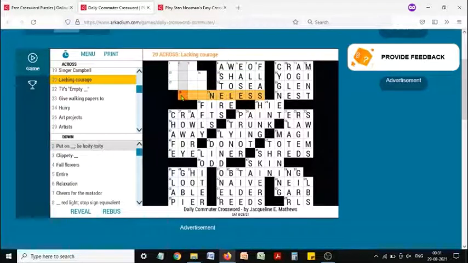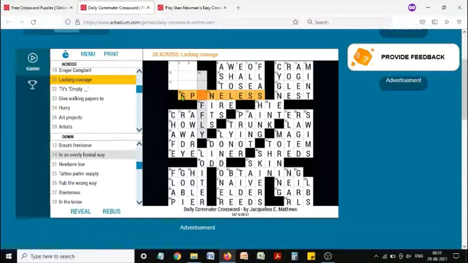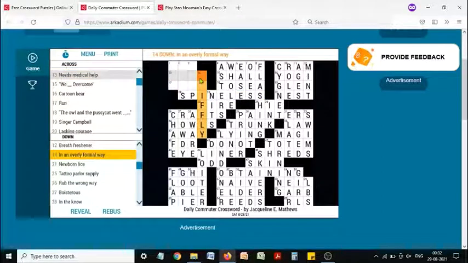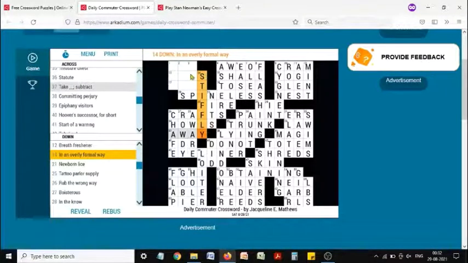So lacking courage is spineless. 14 down, in an overly formal way is stiffly. And now I know this because of the combination that we have here, right? Stiffly. So ST.